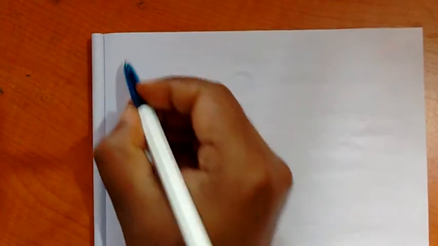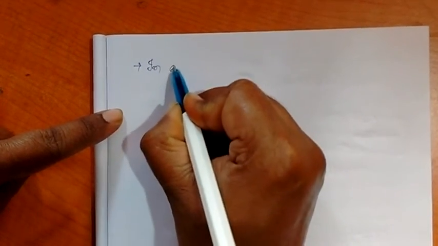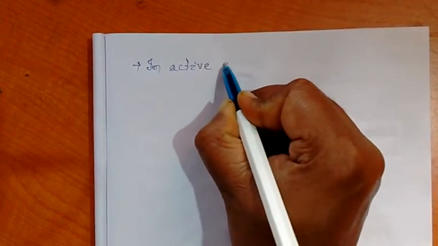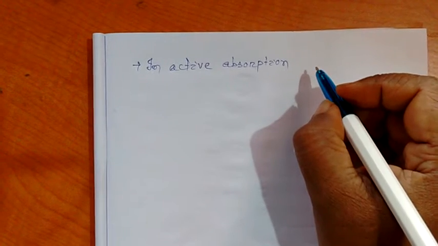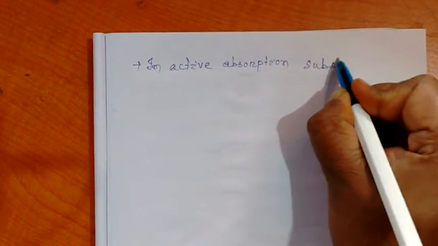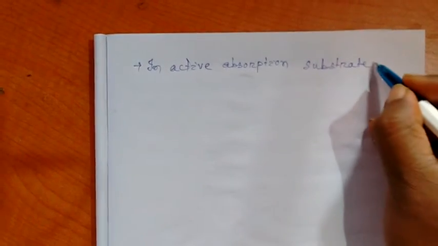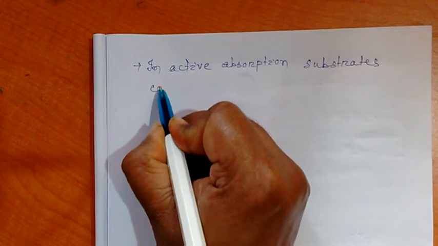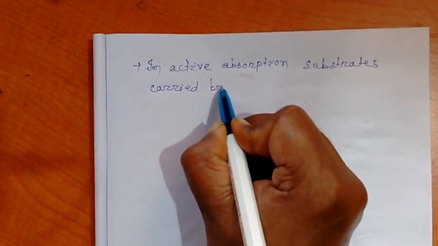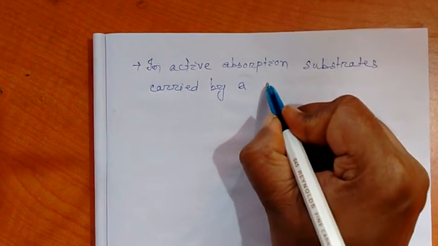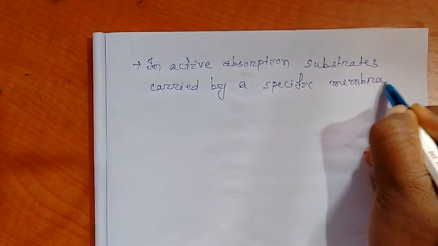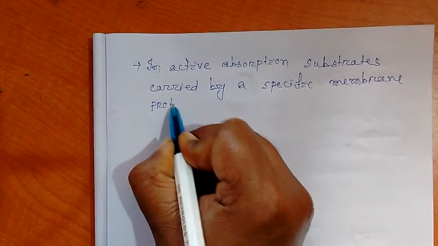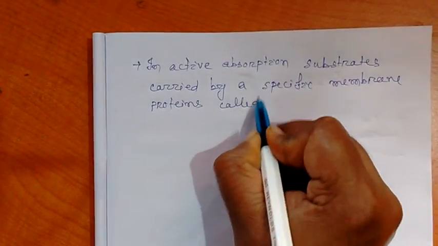In active absorption, substrates, that is solute substrates, are carried by specific membrane proteins called carriers.